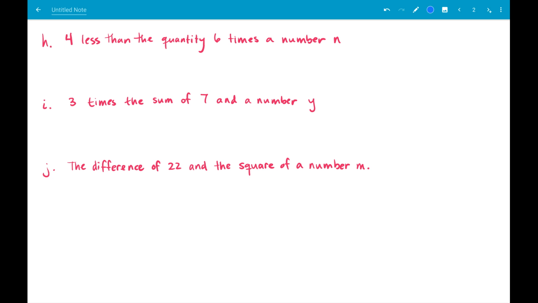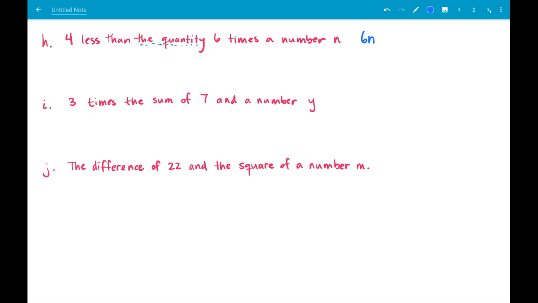This one, letter H, says 4 less than the quantity 6 times a number n. Now, the word quantity, this little phrase, is telling you which part we want to group together. So here it says the quantity 6 times the number n. That means I need to group 6 and n together.